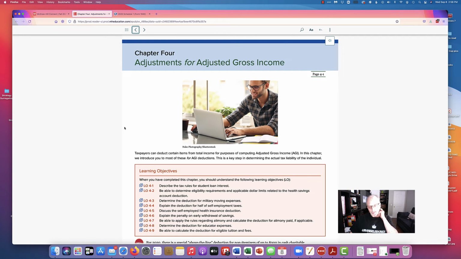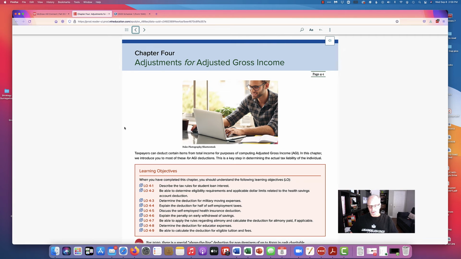Learning objective number 9, tuition and fees deduction. Taxpayers may be eligible to take a for AGI deduction for qualified tuition and related expenses paid during 2020 for the taxpayer, taxpayer's spouse, or a dependent.